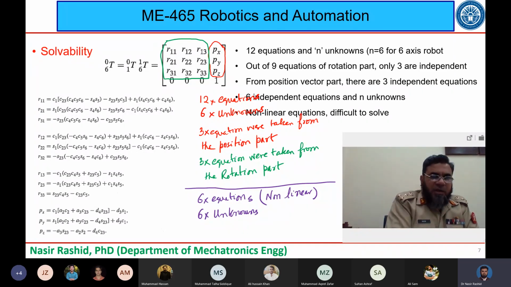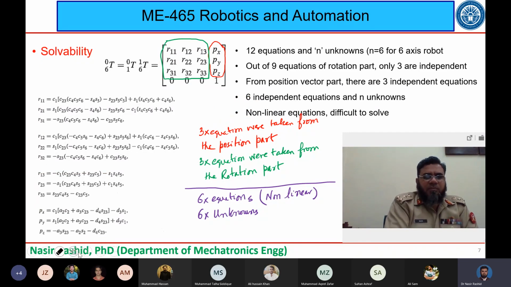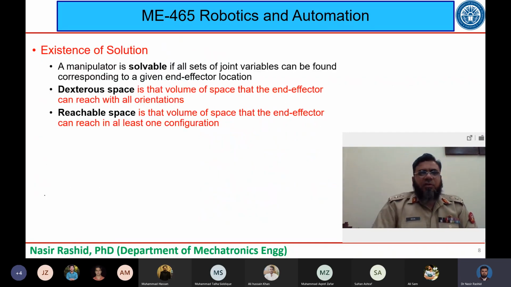All right, so if this is creating a confusion, let me just erase this. All right. So now let's move forward and now talk about the existence of solution. अच्छा, क्या है जी?